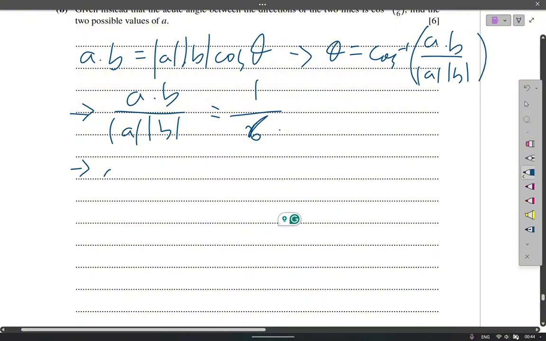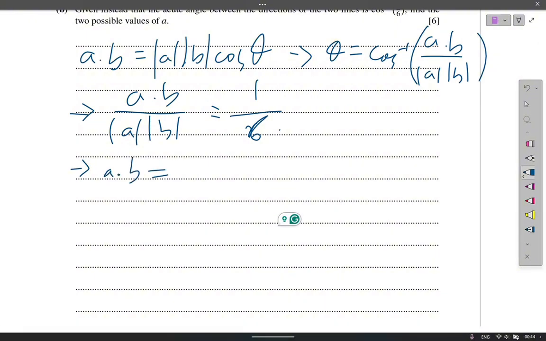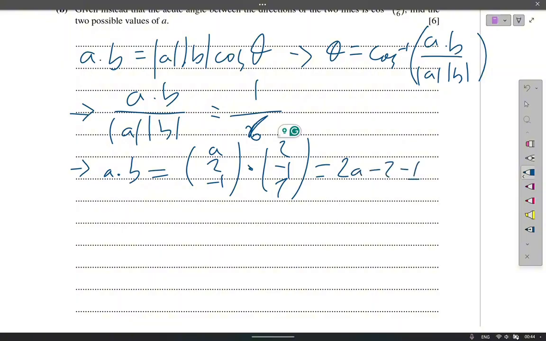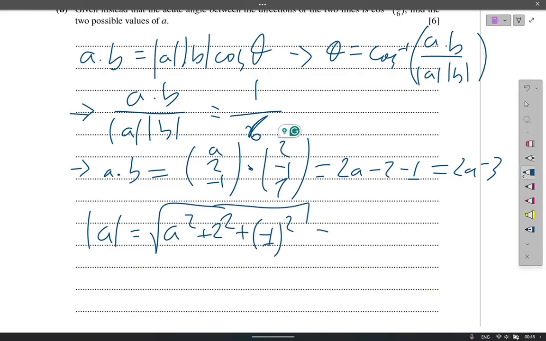So first, let's find out the dot product of a and b. So the dot product of a and b is this, which is 2a minus 2 minus 1, which is 2a minus 3. And the length of a is a squared plus 2 squared plus minus 1 squared.